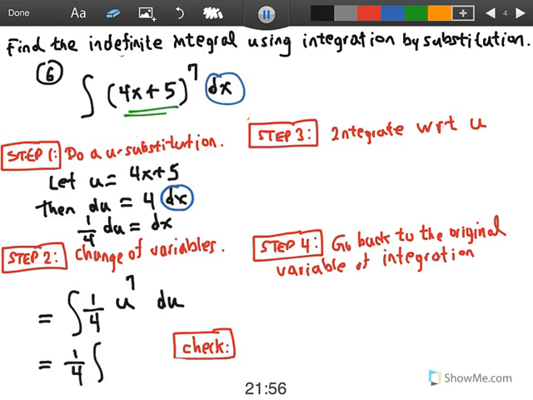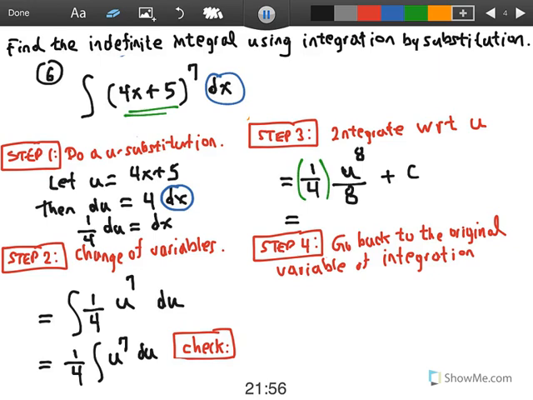And you can, of course, factor out the 1/4. And what you can do to find this indefinite integral is use the power rule for integration. This is step 3. All you need to do is add 1 to the exponent, so 7 plus 1 is 8, and divide by the new exponent, plus c.